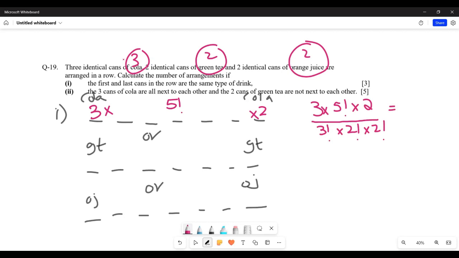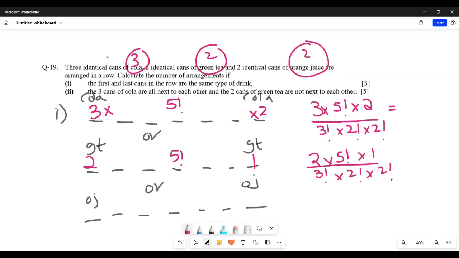Then there's green tea at the front. So there are 2 contenders for green tea, and then there's a green tea at the end. So there is now 1 contender for green tea. So 2 times 1, and in between there's 5 factorial. So 2 times 5 factorial times 1 divided by the repetition 3 factorial times 2 factorial times 2 factorial.